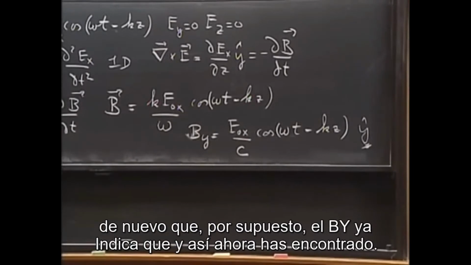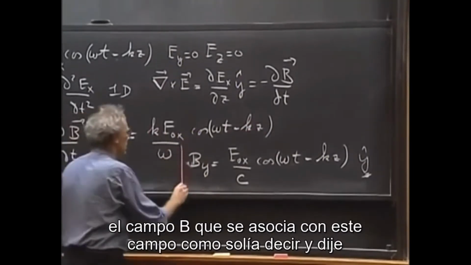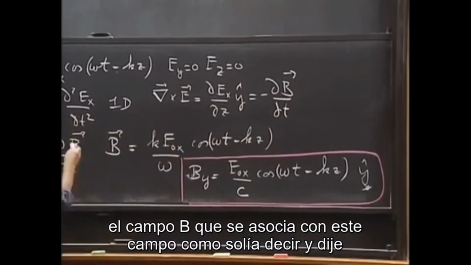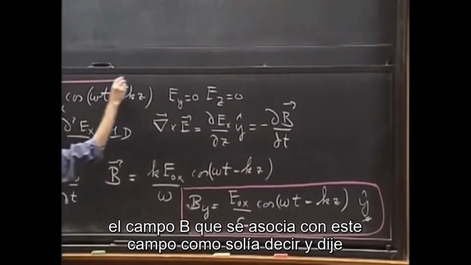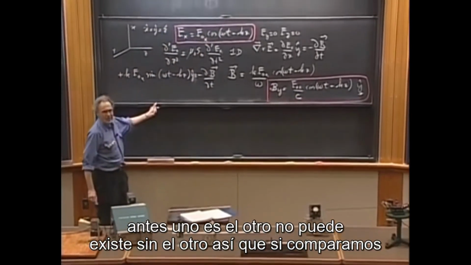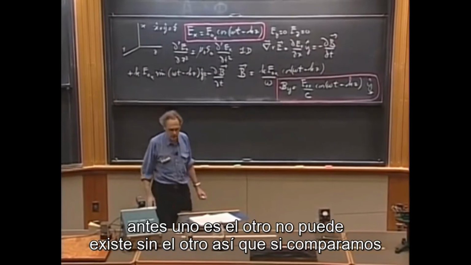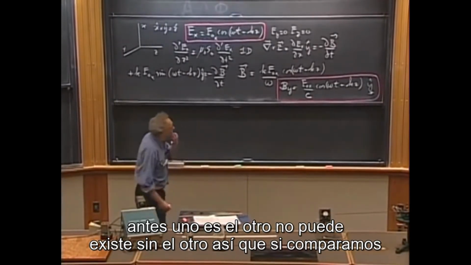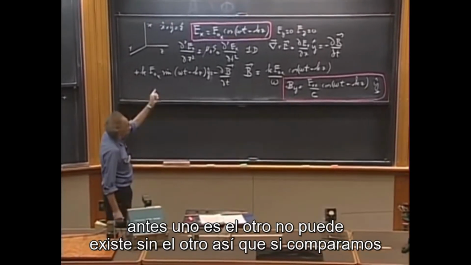But of course the By already indicates that. And so now you have found the B field that is associated with this E field. As I used to say, and I said earlier, one is the other. One cannot exist without the other.